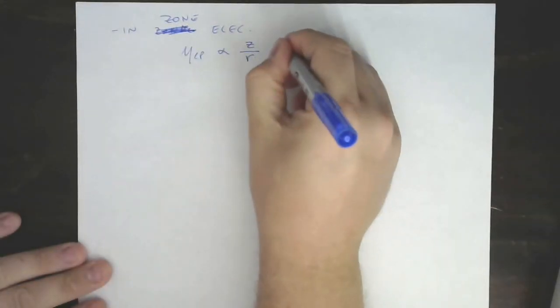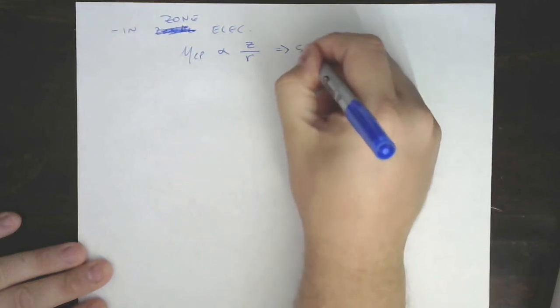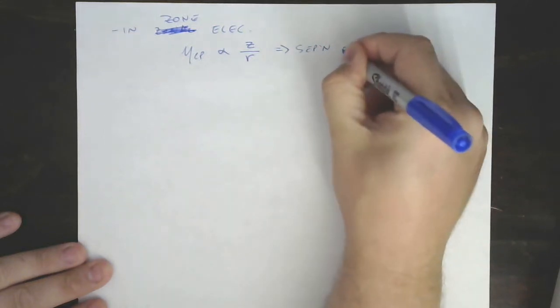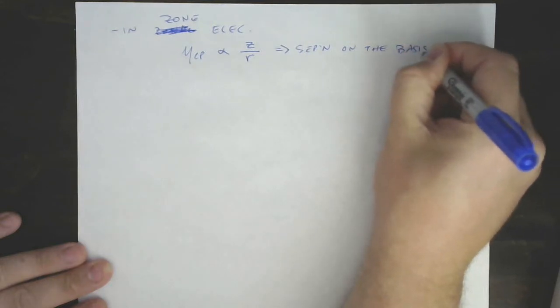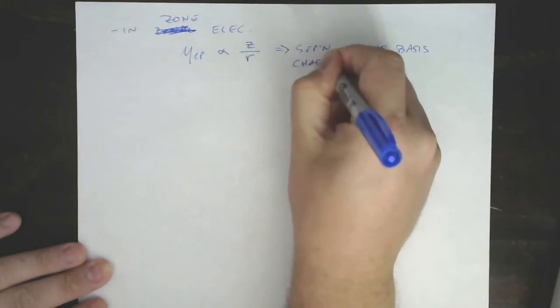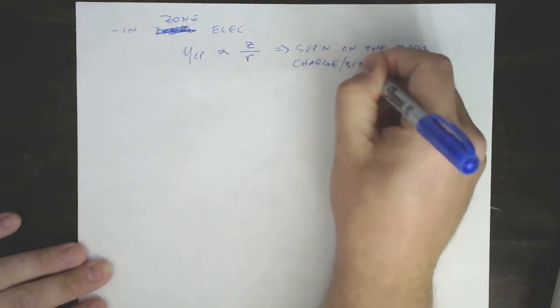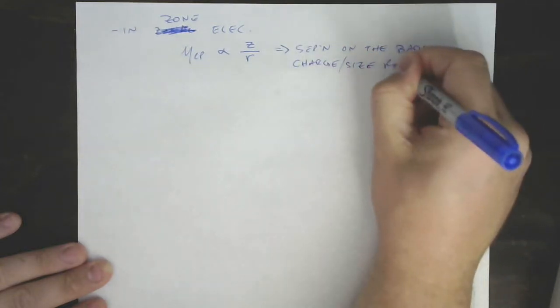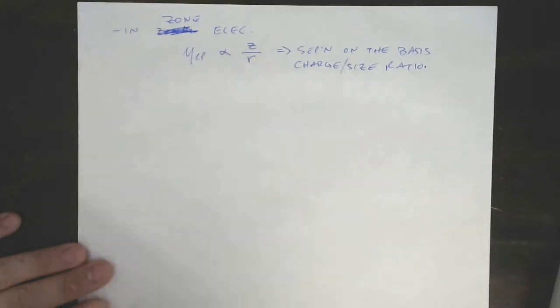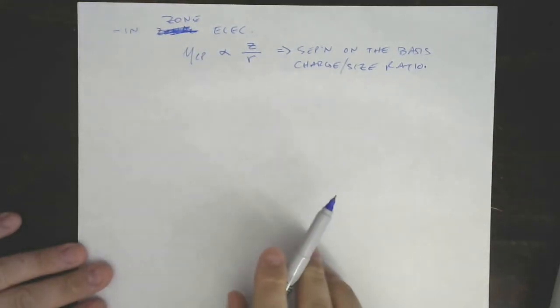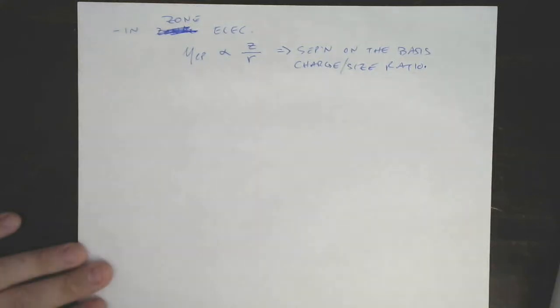And so we say that separation in zonal electrophoresis is on the basis of the charge to size ratio. So you have things of different charge to size ratio, you get different velocities, and therefore you get separation. Here's where this gets a little tricky.